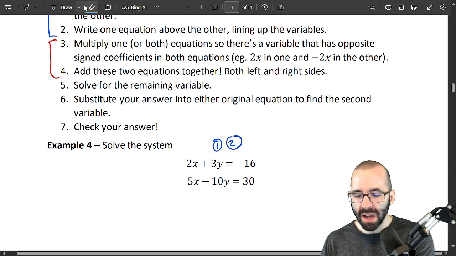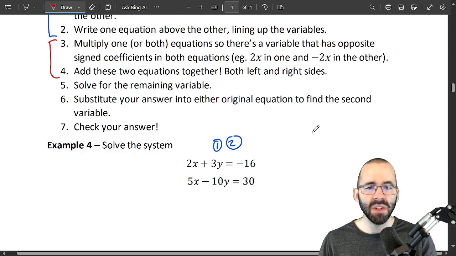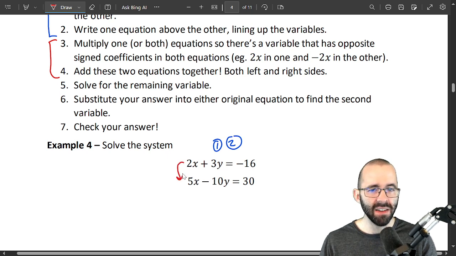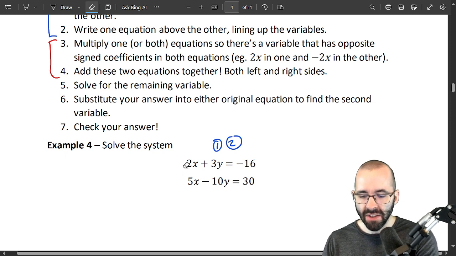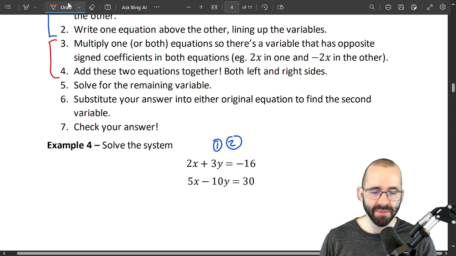So the question is, what do we have to multiply these equations by so we can get some opposite coefficients? Now, this is a little weird because we'd have to multiply this by 2.5 or negative 2.5 to get it right. So let's try to get the x's to match up, or the y's. It doesn't matter.